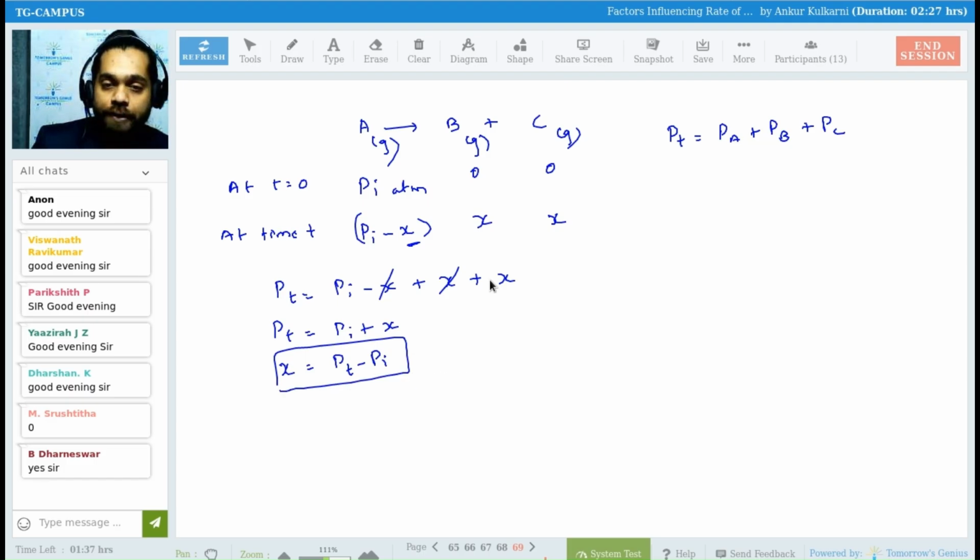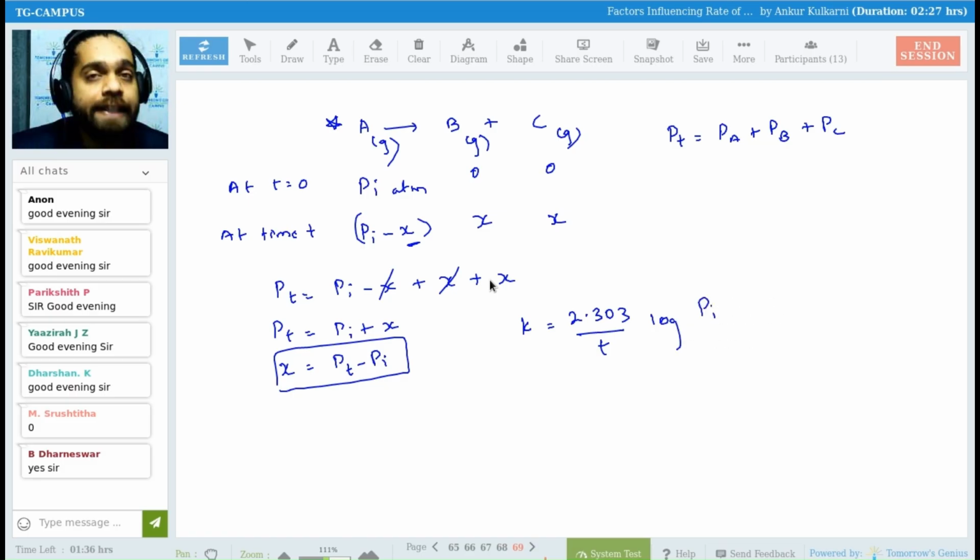Now look over here. What will be our K from this reaction? We know that K is equal to 2.303 over t log of the initial value, that is Pi, for this first order reaction.